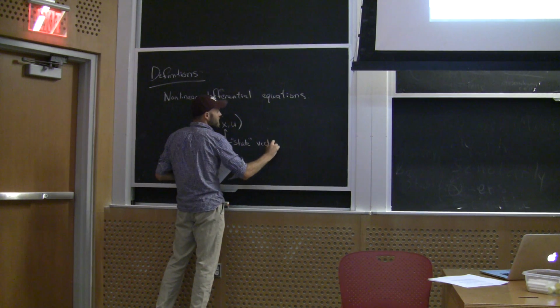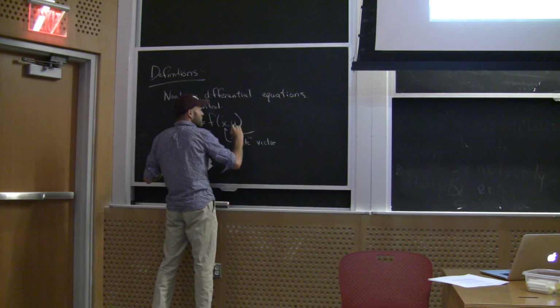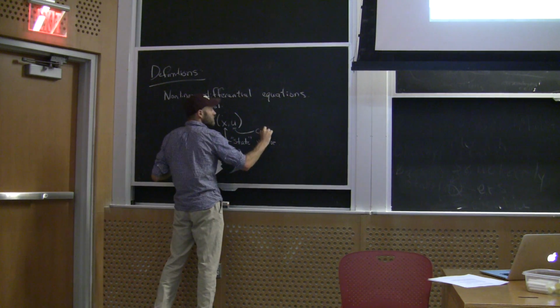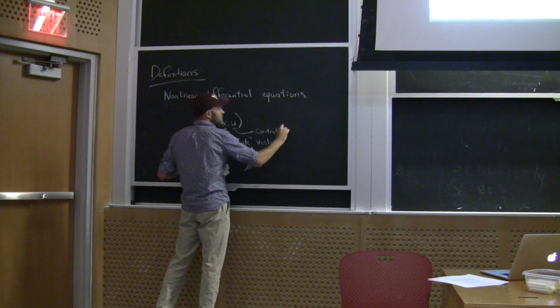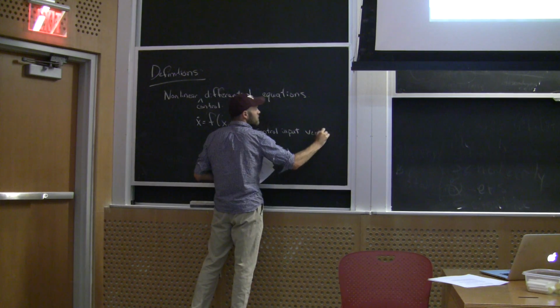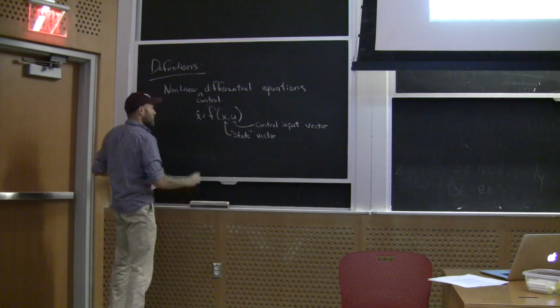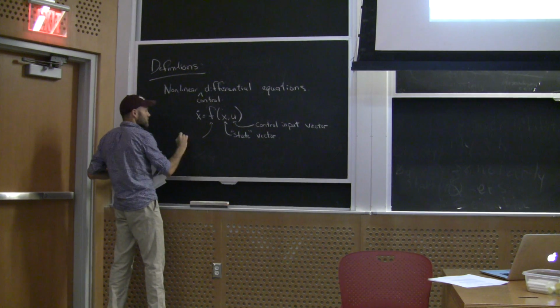I'll give you some specific examples in a minute. u is our control input. f is a vector valued function.